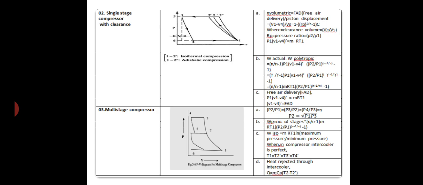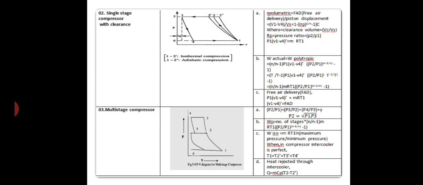For P1 (V1 minus V4) we are substituting MRT1 also, so the formula becomes n upon n minus 1 MRT1 [(P2 upon P1) raised to (n minus 1) upon n, minus 1]. So free air delivery here is P1 into bracket V1 minus V4, which is equal to MRT1. So V1 minus V4 is the free air delivery.